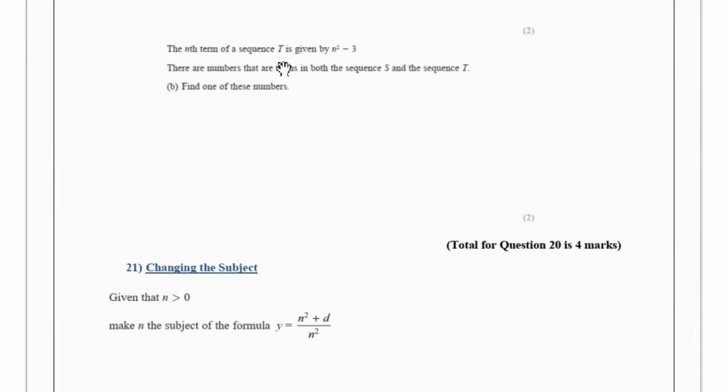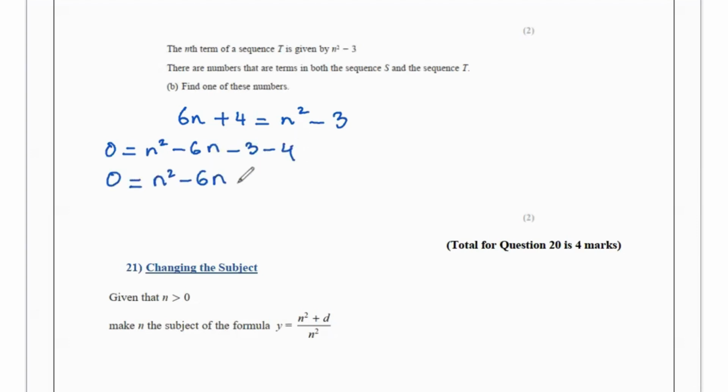Then it says the nth term of a sequence T is given by n squared minus 3. There are numbers that are terms in both the sequence S and the sequence T. Find one of these numbers. So they have the same number, so that means your nth term can be equal for both the sequences. So 6n plus 4 equals n squared minus 3. Bring everything on one side, so 0 equals n squared minus 6n minus 3 minus 4, which is n squared minus 6n minus 7.